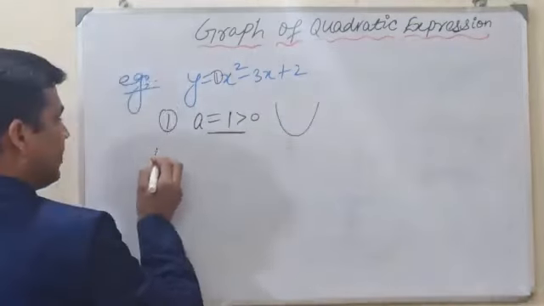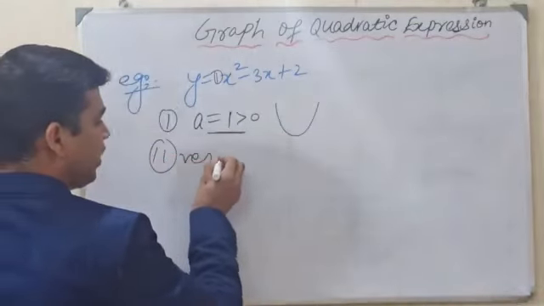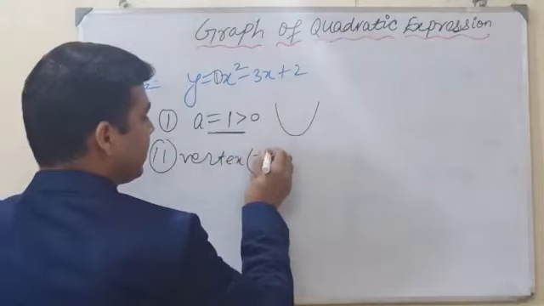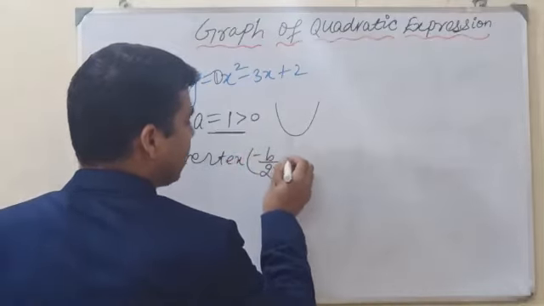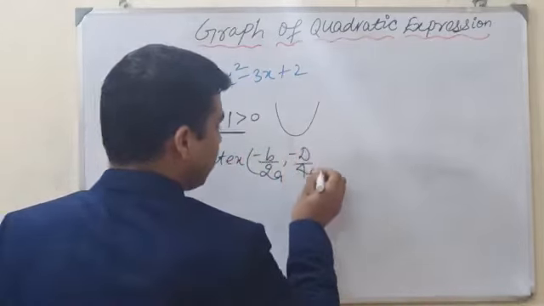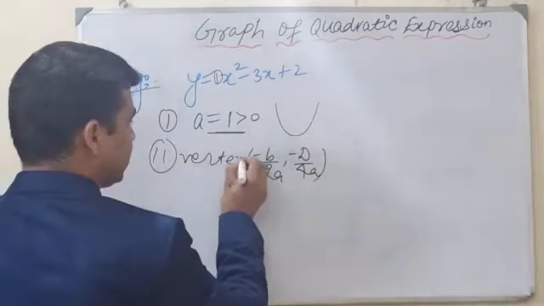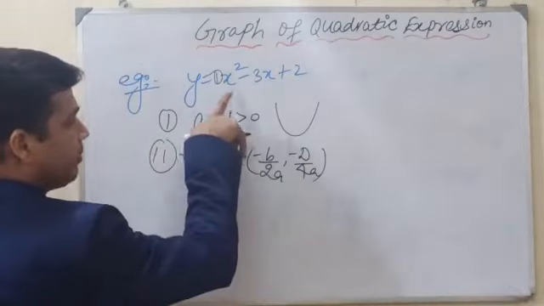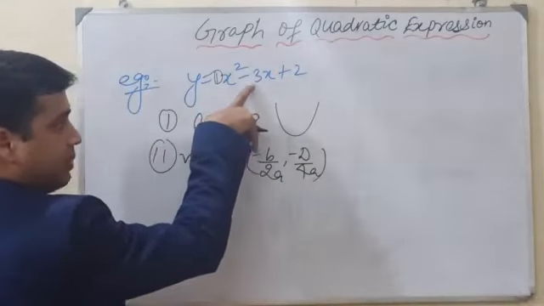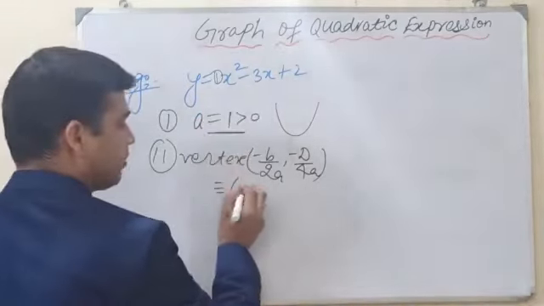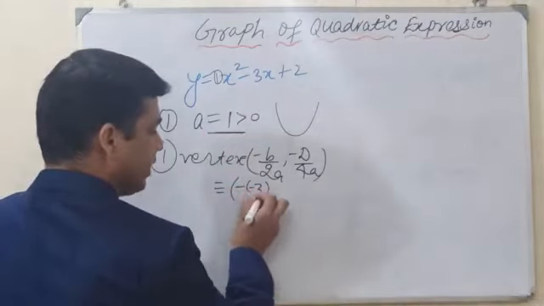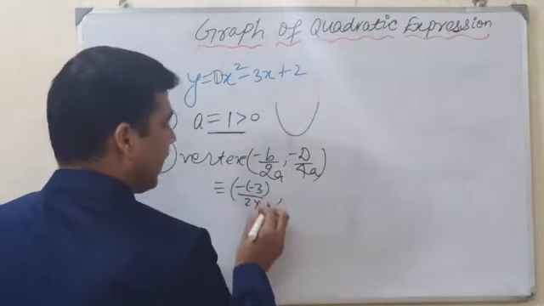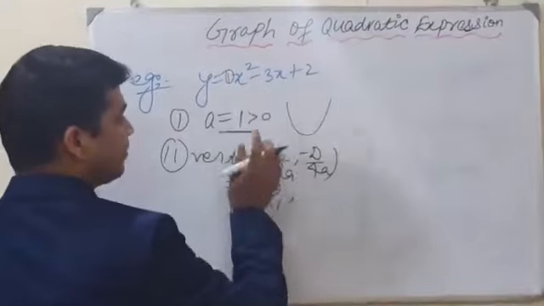Okay, second condition, vertex. So we know the vertex is minus b by 2a and minus D by 4a. Now see this here, minus b by 2a. So what will we get here? Minus b by 2, here b is minus 3. So minus b by 2 into 1, and minus D. Minus D means minus of b square minus 4ac.